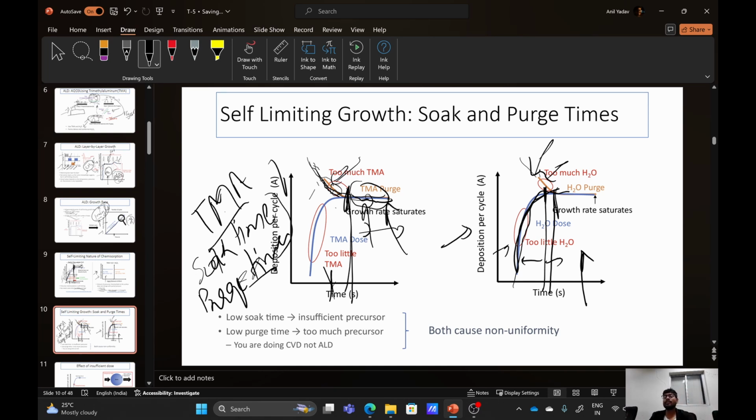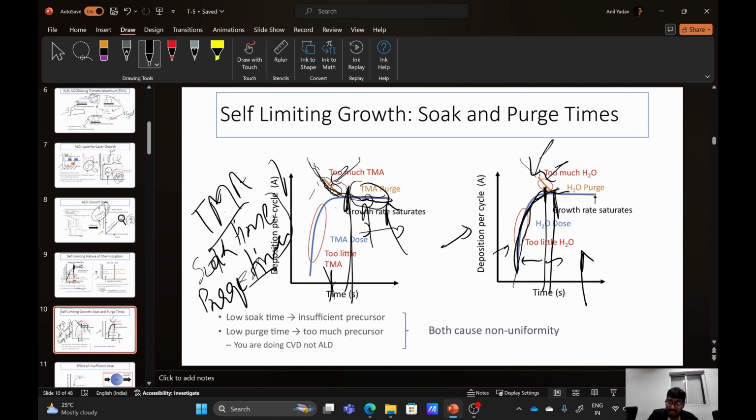In CVD, we simultaneously pass both the precursors inside the chamber. They react at higher temperatures with the substrate and deposit the material over it. But in this case, we do it layer by layer.